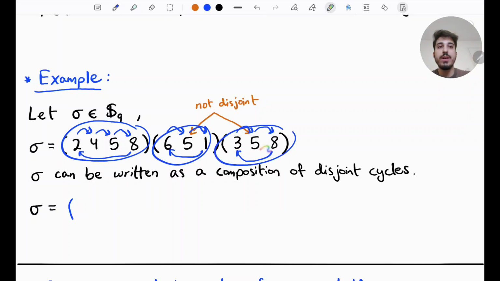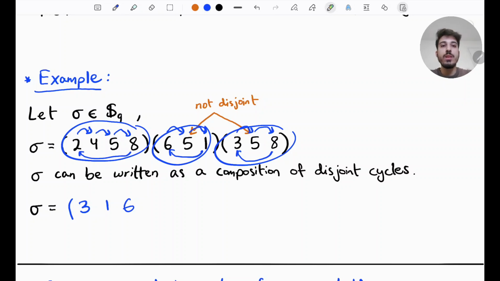So we have here that 3 is sent to 5, and 5 is sent to 1, and 1 is sent nowhere. So in fact, 3 is sent to 1. Now let us see where 1 is being sent to. We have that 1 is sent nowhere here, and 1 is sent to 6, and 6 is sent nowhere. So in fact, 1 is only being sent to 6.